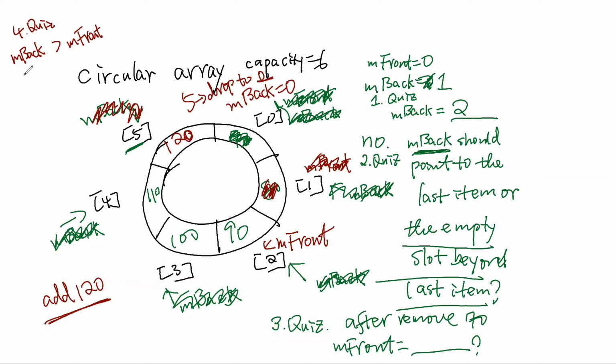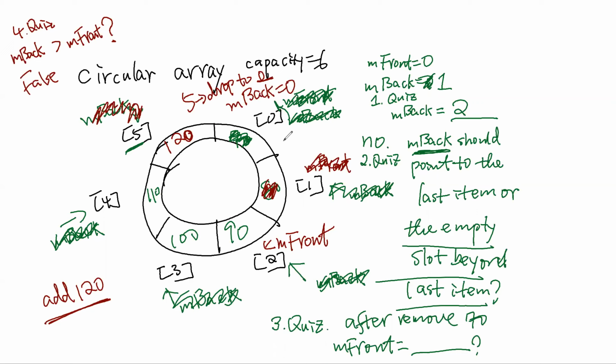Fourth quiz question: is M back always greater than M front? False. Yeah, very good. Is it very obvious? Because back is 0, front is 2. So that's not always true.